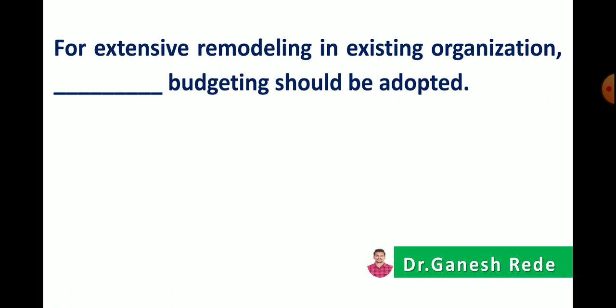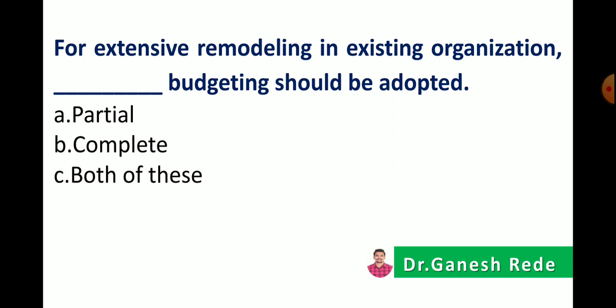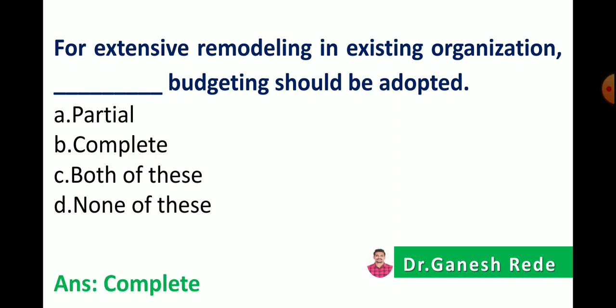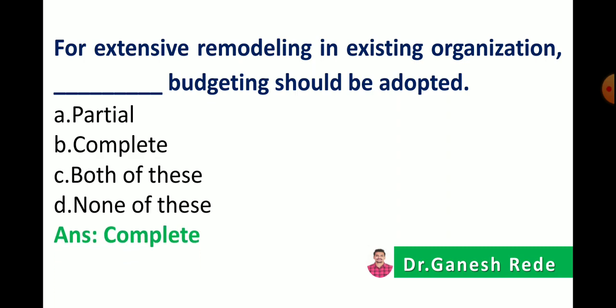The next, for extensive remodeling in an existing organization, dash dash budgeting should be adopted. So partial budgeting, complete budgeting, both of these or none of these. The correct answer is that for extensive remodeling or modification in an existing organization or existing business, complete budgeting should be adopted.